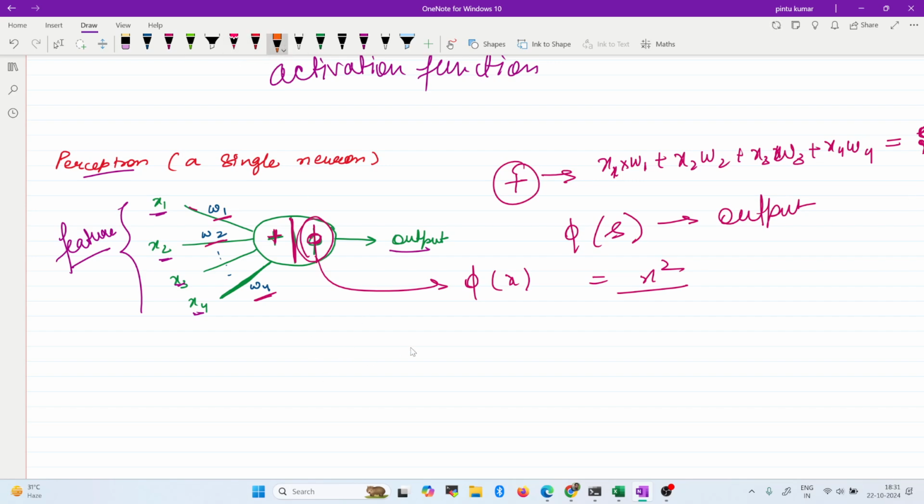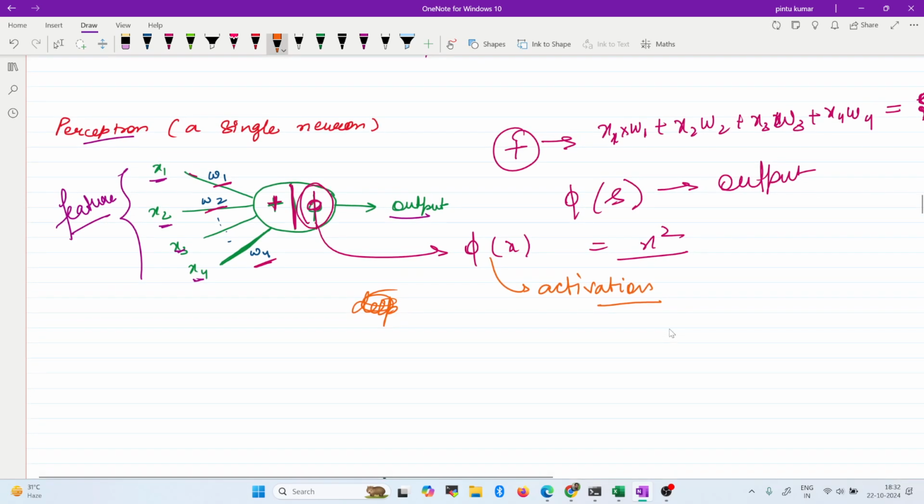Now, what we have developed so far in deep learning literature, we know many types of activation functions, right? But initially, what was proposed was something called the threshold activation function. So it was a sort of thresholding function.